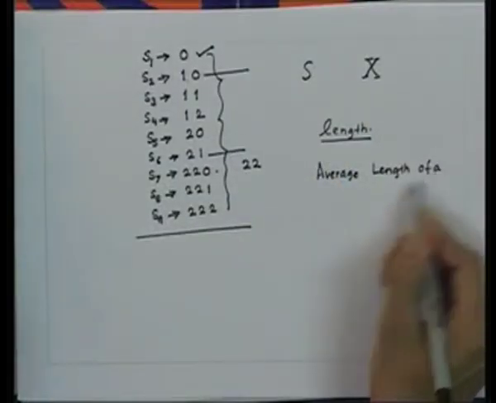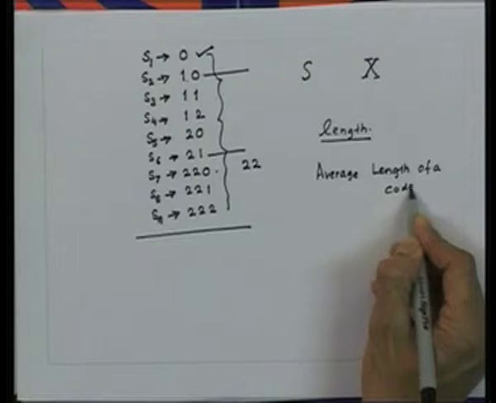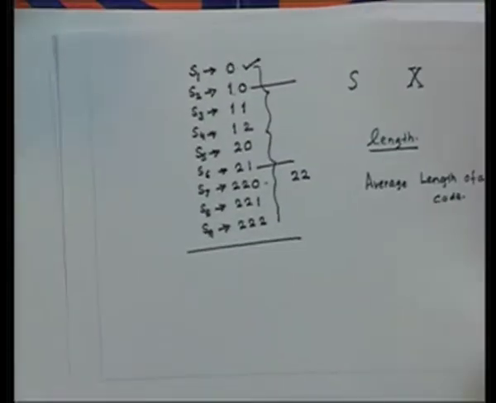Now, a code consists of code words, and since each code word could be of different length, we have to define what is known as an average length of a code. So, let us define the average length of a code.